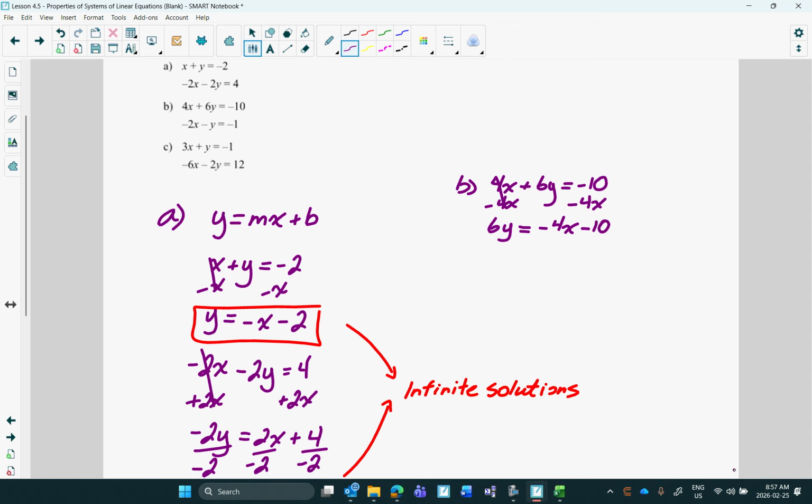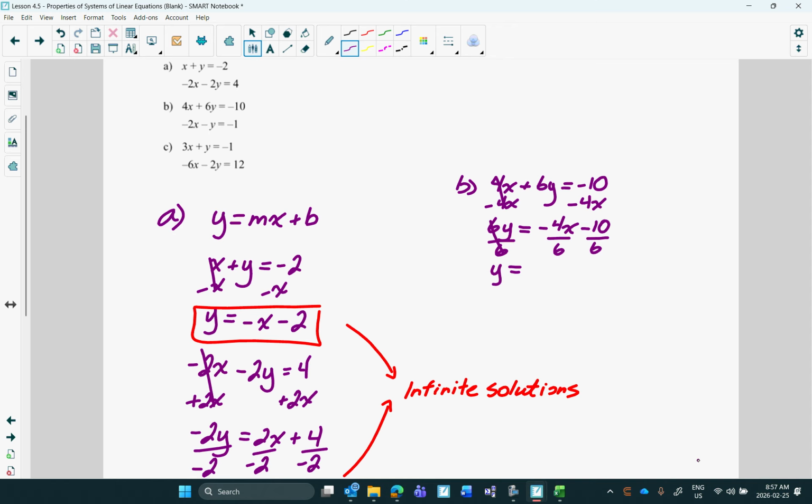Y is still not by itself. How do I get y by itself? Divide by 6. And whatever you do to one, you have to do to everything else. What is negative 4 divided by 6? Negative 2 over 3, right?